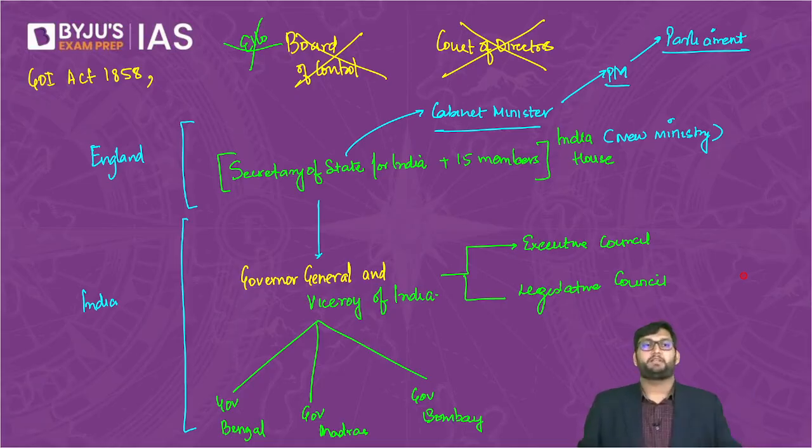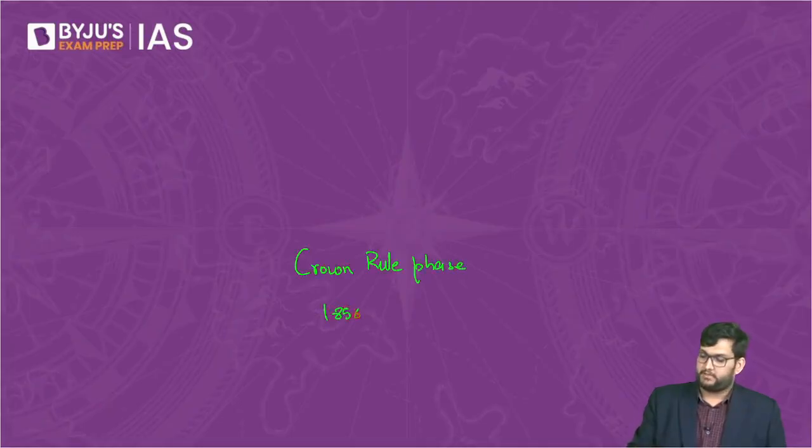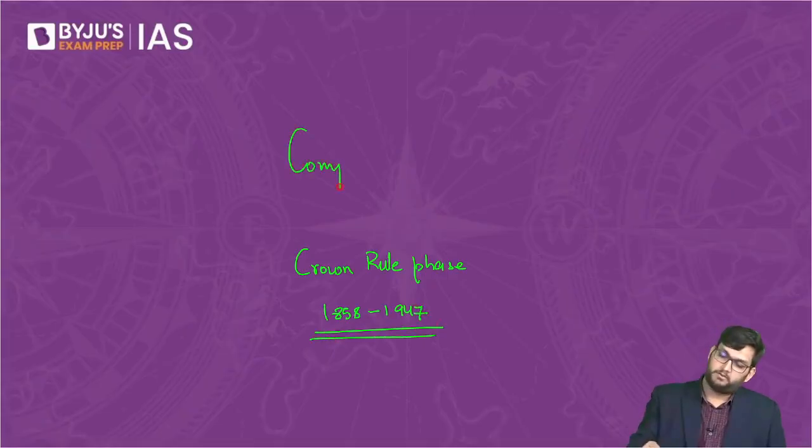Now we call it the Crown Rule phase, which is 1858 to 1947. Company rule is over.